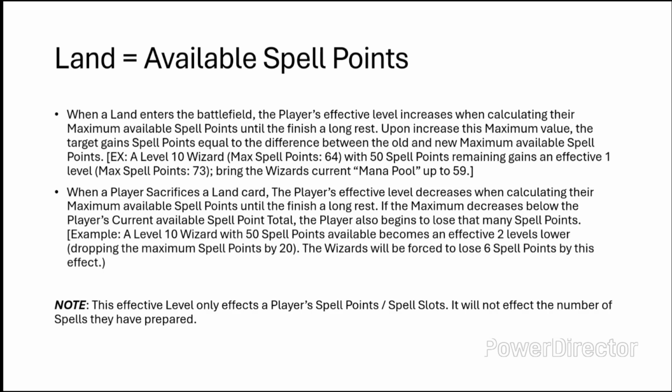Going back to our level 10 wizard with 50 spell points available, they will lose 2 effective levels, dropping the maximum spell points to 20. This means they're going to have to lose 6 spell points by this effect.